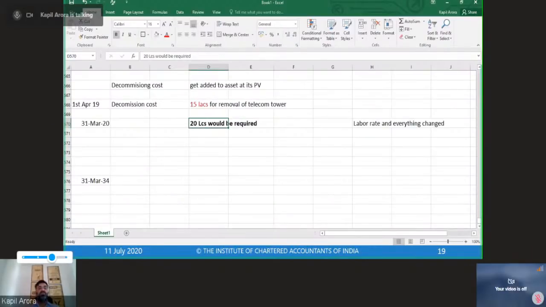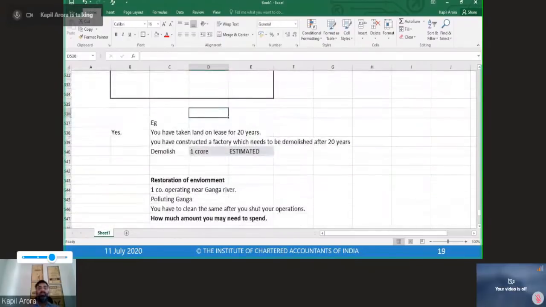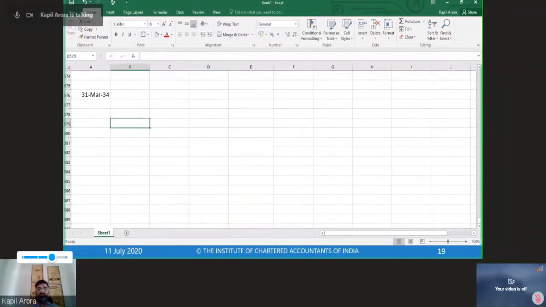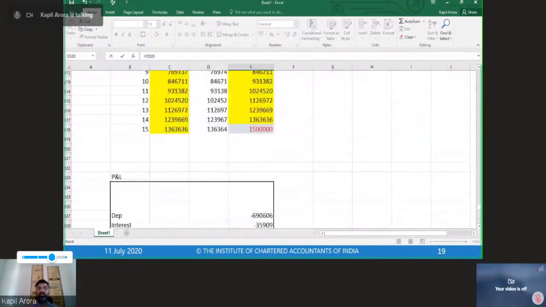So what to do? For that purpose, I will find out what would be the value on 31st March 20. I was having the opening value on 1st April 19. So let me go back and find out the values for you.